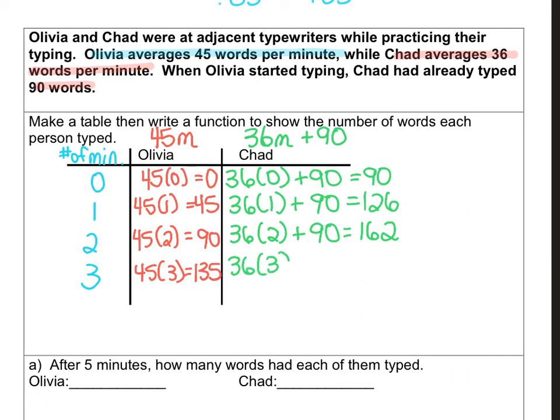Chad has 36 times 3 plus his 90 head start. He has 198 words typed. So Chad does have the head start, but remember that Olivia is typing faster. So can she catch up? She can definitely catch up depending on how long they continue to type.